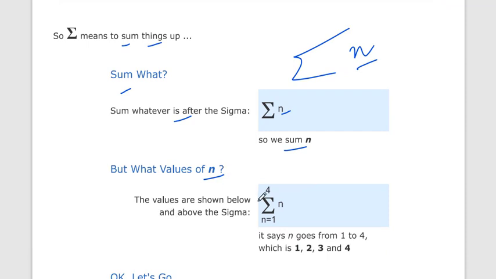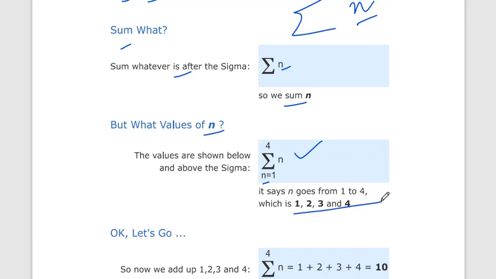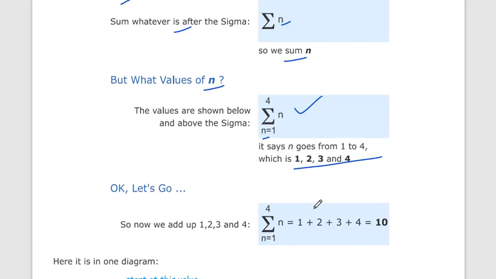The values are shown below and above the sigma. It says n goes from 1 to 4, which is 1, 2, 3, 4, and we sum these 4 terms. So 1 plus 2 plus 3 plus 4 is equal to 10. This is how we use sigma.